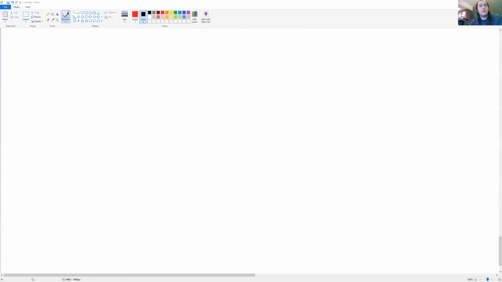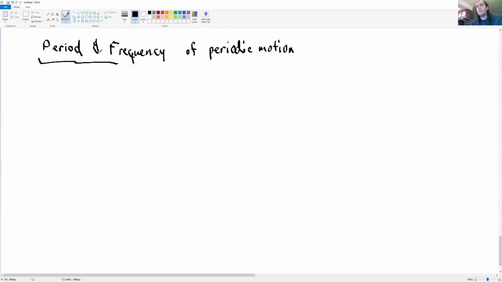The next thing that we're going to talk about is period and frequency of periodic motion. Periodic motion simply means motion that repeats.